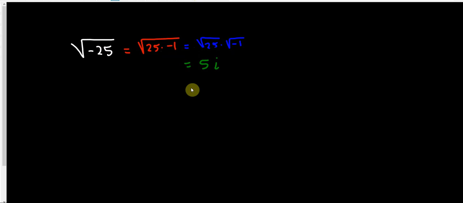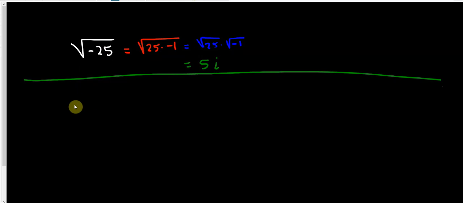What about if I had something like the square root of negative 20? Well, we already know we can break this into all the pieces we need. I could break it into 20 times negative 1. The 20 is not a perfect square, but it breaks apart further too.